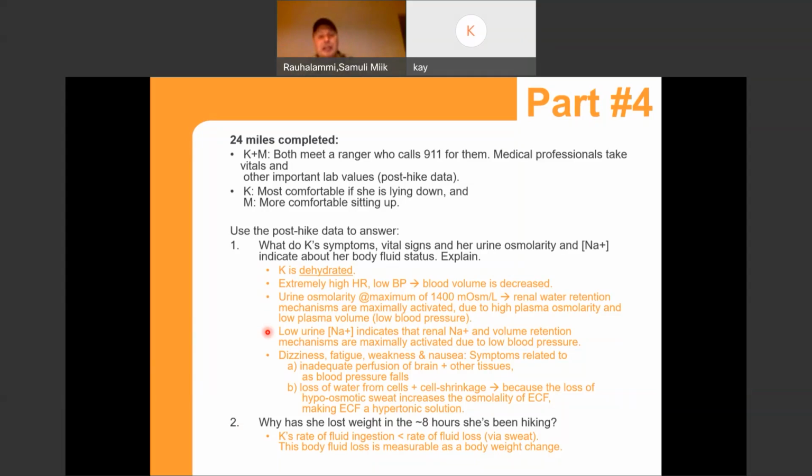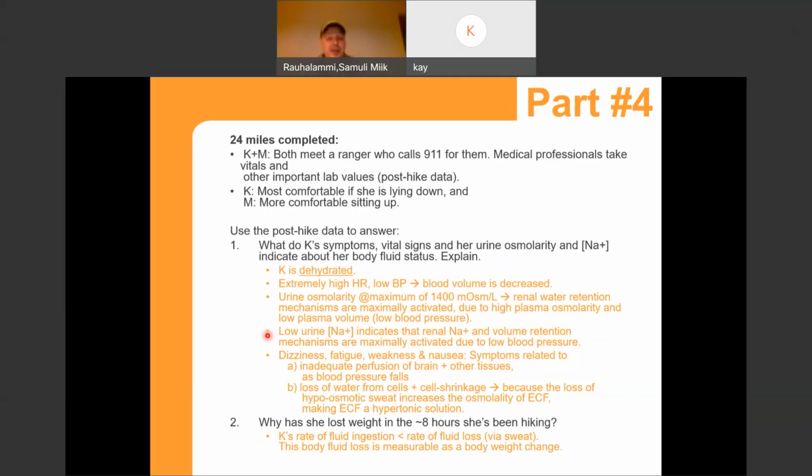We're also seeing that the renal retention of Na and volume retention, they're maximally activated because the blood pressure is so low. So we're really trying to hold every bit of fluids that we have in Carla's body.